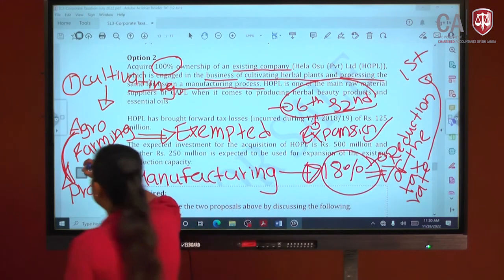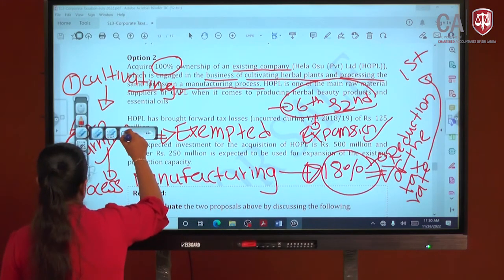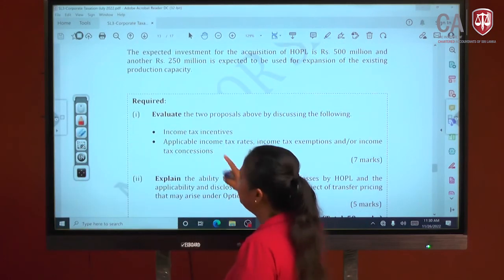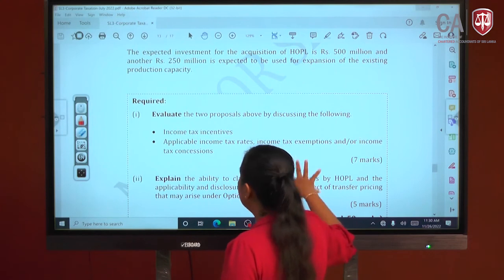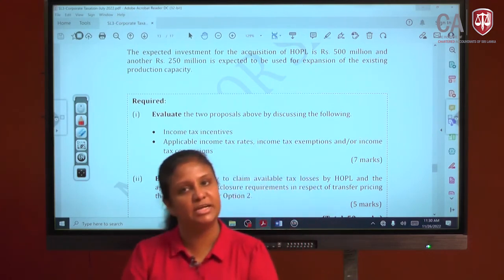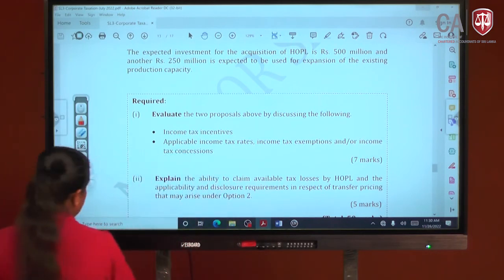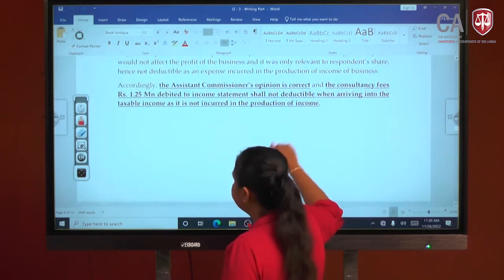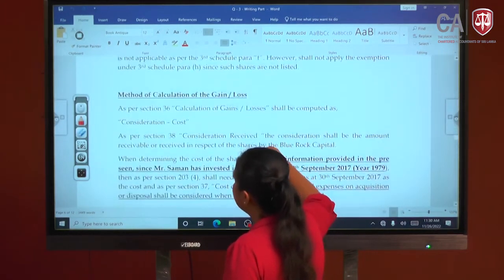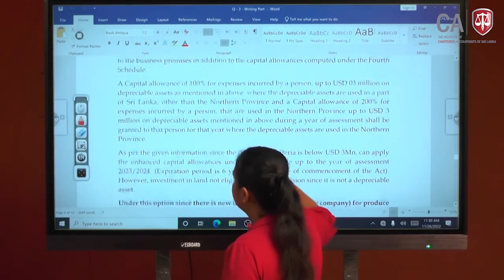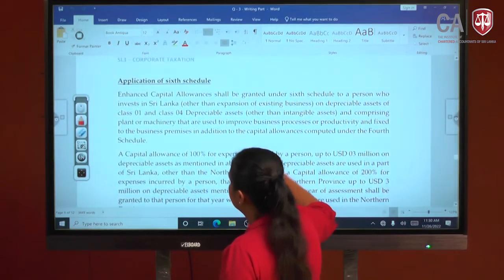Now, let me come to income tax rates and the application of the income tax incentives with reference to the second option. I have explained it, but I need to come to this one, on capital gain and option 2.